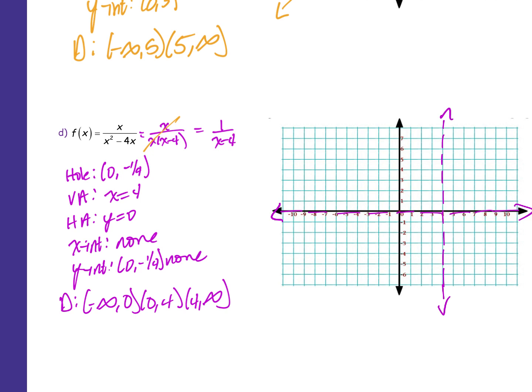So right there. And no x-intercept, no nothing else. So this one is going to look here. And when I plugged in 5, I got a positive, so it's going to stay up here. So that's what this one looks like.